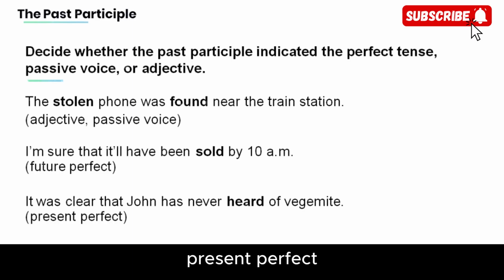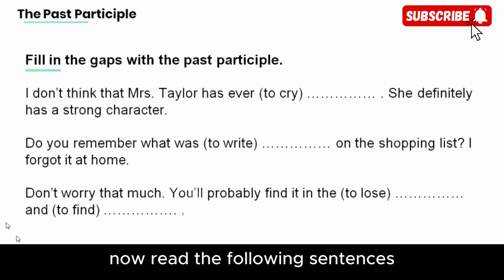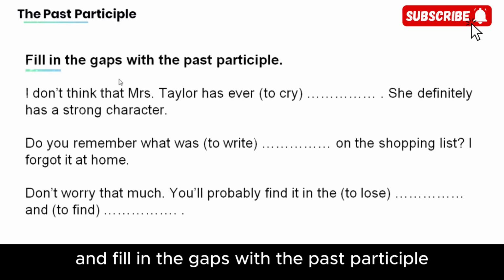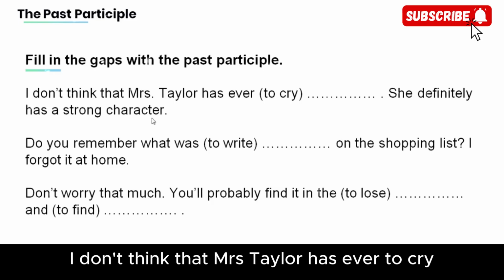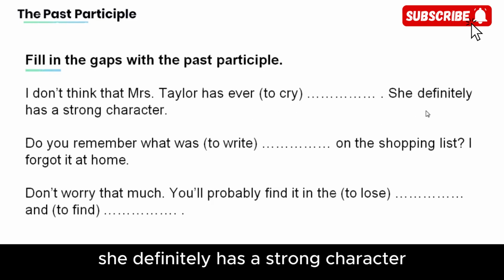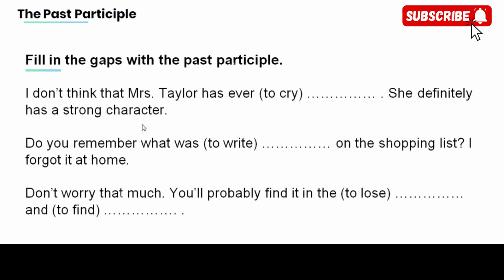Present perfect. Now read the following sentences and fill in the gaps with the past participle. I don't think that Mrs. Taylor has ever to cry. She definitely has a strong character. Cried.